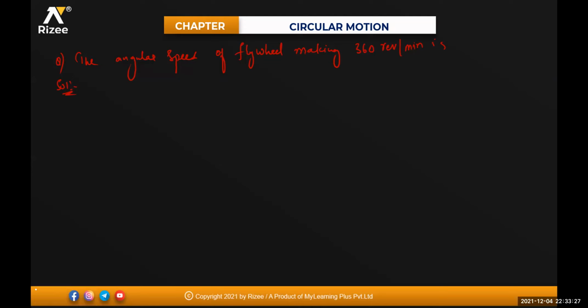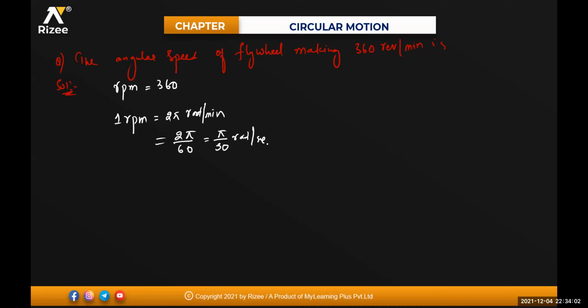Angular speed of a flywheel making 360 revolutions per minute. That means revolutions per minute is given as how much? 360. That means for one revolution per minute, we have how much, beta? 2 pi radians per minute. Very good. That will become 2 pi divided by 60, that is pi by 30 radians per second.